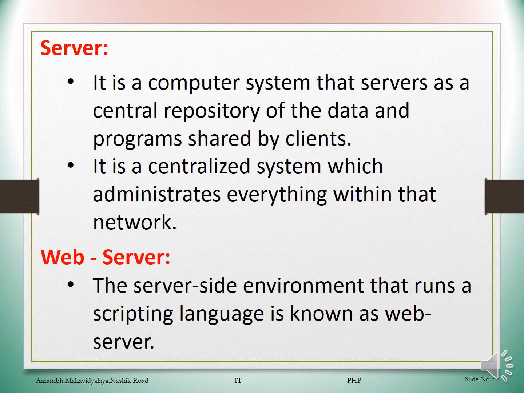Whatever different activities are performed within that network, all those activities get administrated by the server. That network may include a different number of clients, nodes, and peripherals such as webcam, printer, or whatever else. All those things get administrated by the server, as the server is the centralized system.